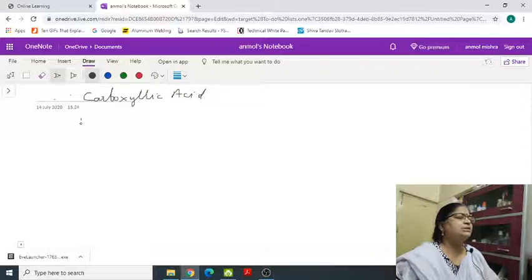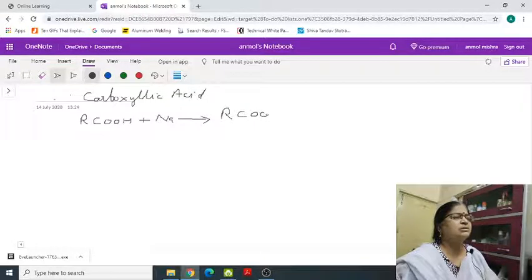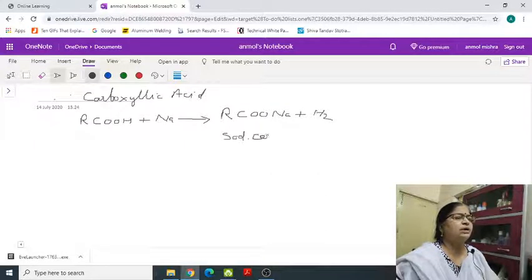Carboxylic acid reacts with a reactive metal to liberate hydrogen gas and forms a salt, sodium carboxylate.